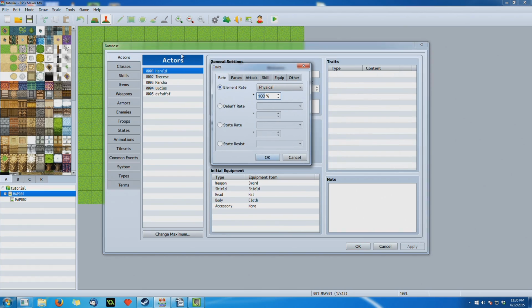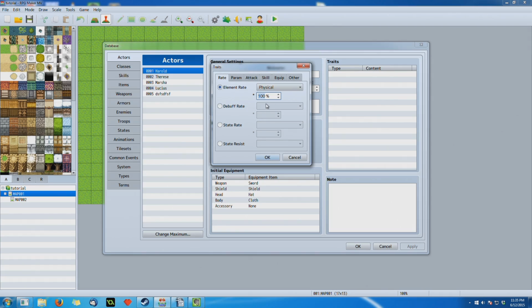So open up here, and I'm going to go through every single one of these. The first thing we have is element rates. The element rates allow you to set up weaknesses and strengths against other enemies. So you can set a skill up to be a fire element skill, and then if it attacks, say, a grass element enemy, you can set it to do 200% damage.